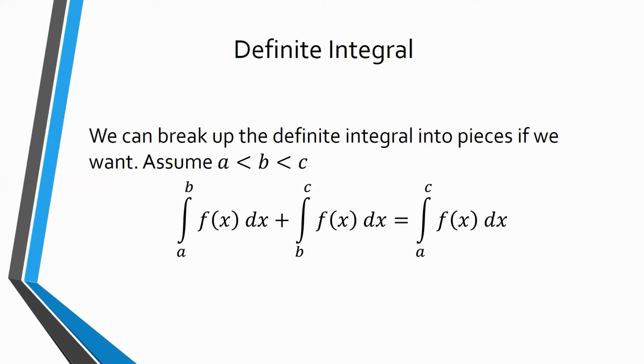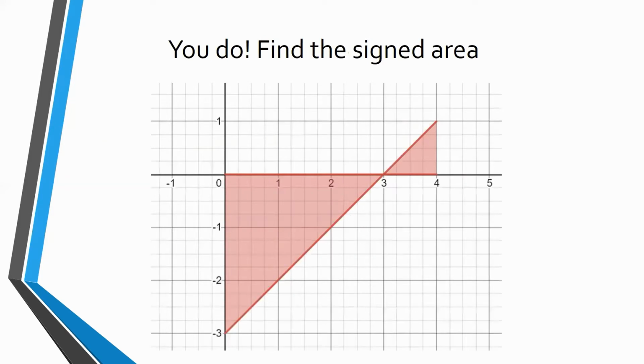This allows us to take a picture which looks like this and break it up and say, let's find the integral from 0 to 3, and then the integral when you calculate from 3 to 4.